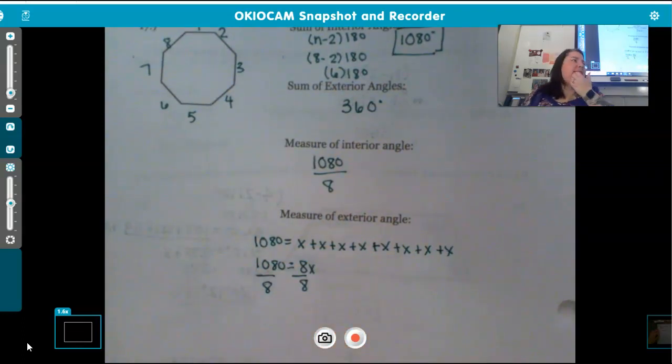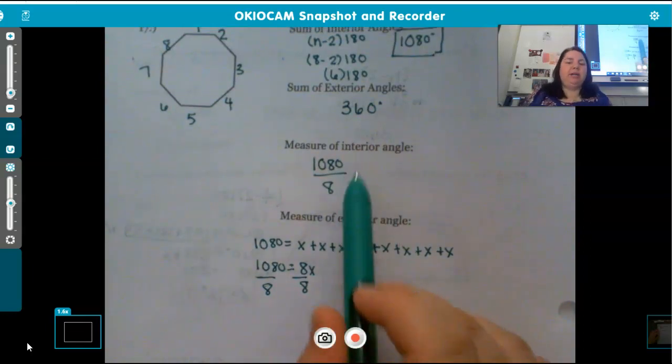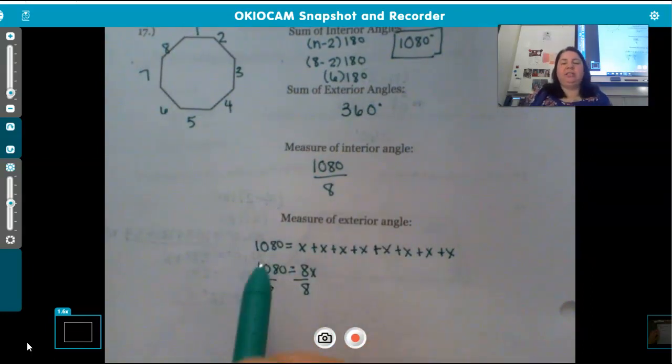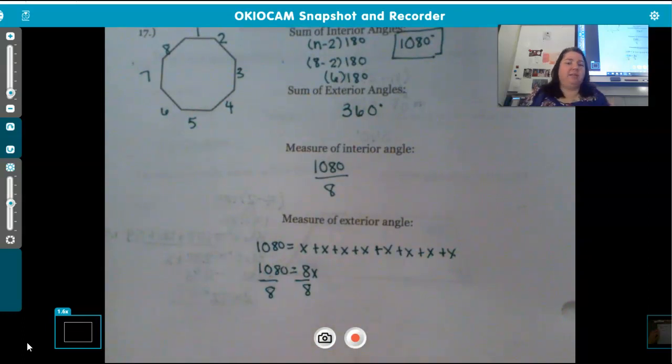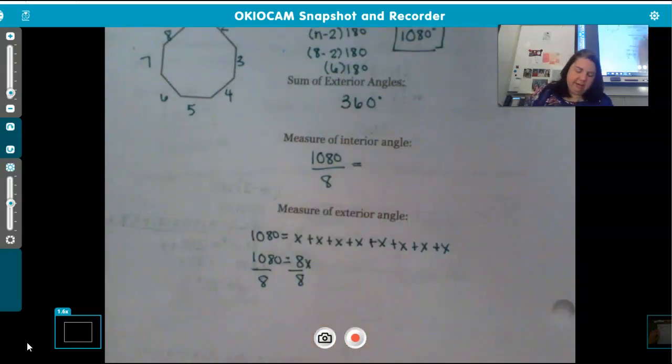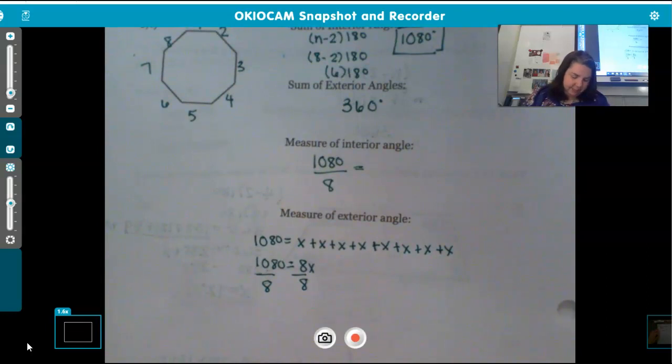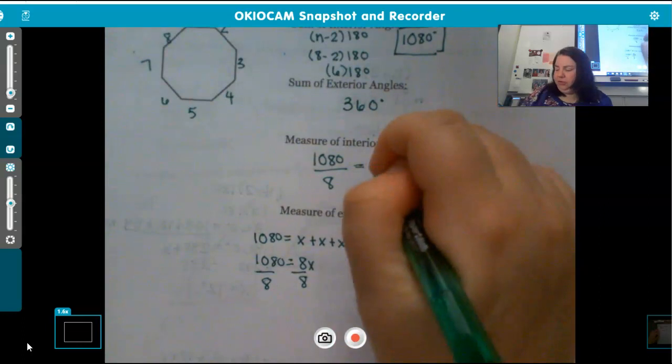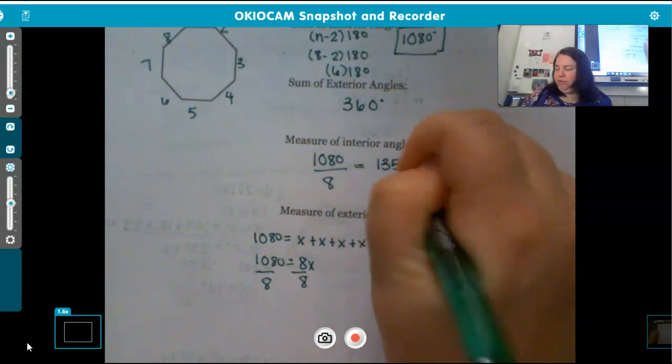It gets us to the same place. If you can't remember to divide 1080 by 8, you could do this, and it gets you to the same point if that helps you remember better. So what is 1080 divided by 8? So each one of those angles is 135 degrees.